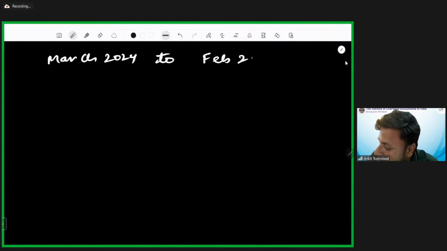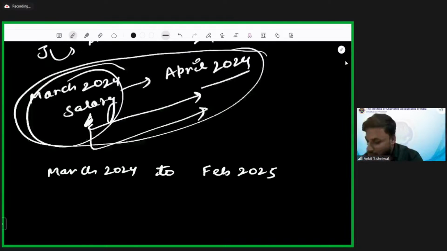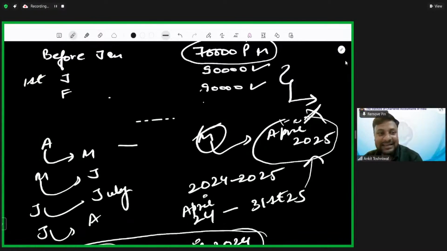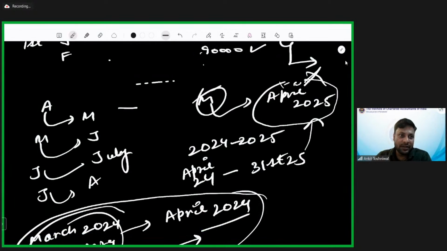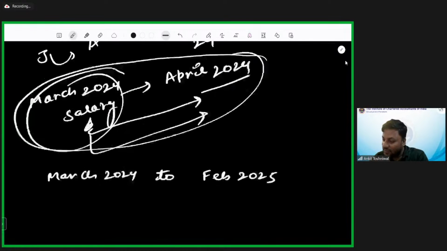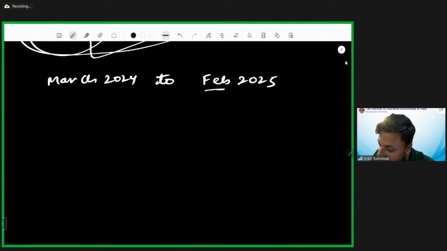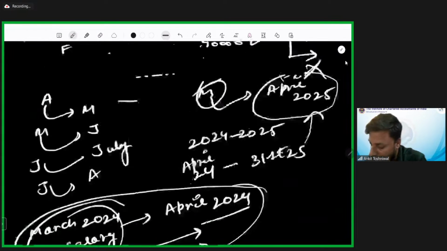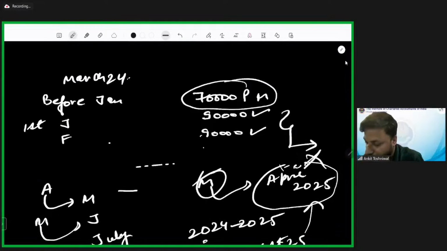Feb 2025. Correct? Now his increment is from 1st January. So salary changes from 1st January. And 1st January salary is taxable in February. Correct? And February taxable in March. Here it is. Don't get confused again.